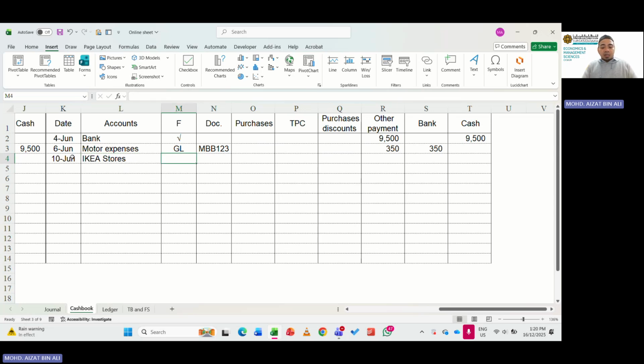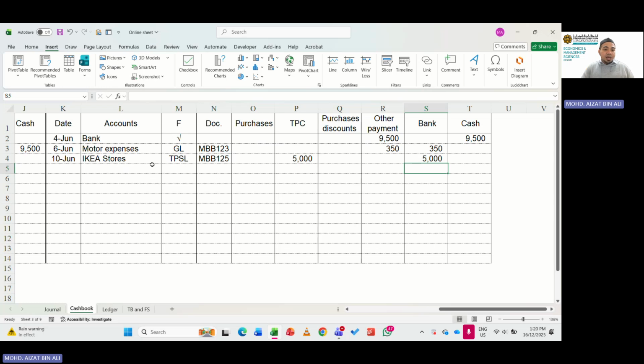It is in the TPSL. The document number is MBB125, as part payment of account, 5,000. So the amount is 5,000 ringgit. Payment to trade payable, so here TPC 5,000 ringgit. Because it is paid using check, we record it in the bank column, 5,000 ringgit.